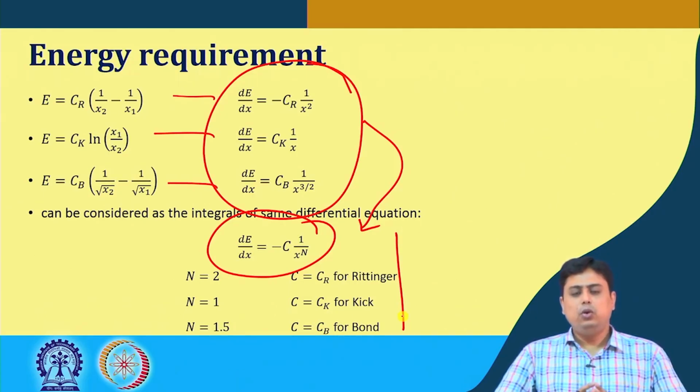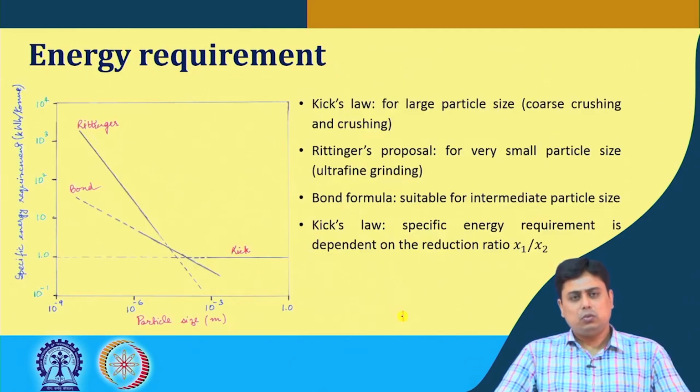So, if we look at the specific energy requirement predictions by these three laws, we see that they work pretty well within their derived particle size range.